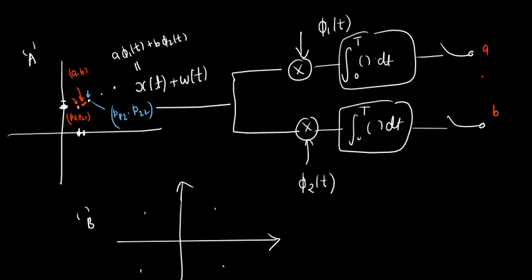But here, you have transmitted the same phi 1 t or phi 1 dash t. Even though some noise will take it up and down, or in this vicinity, you have transmitted this many times and the noise will take it here and there.